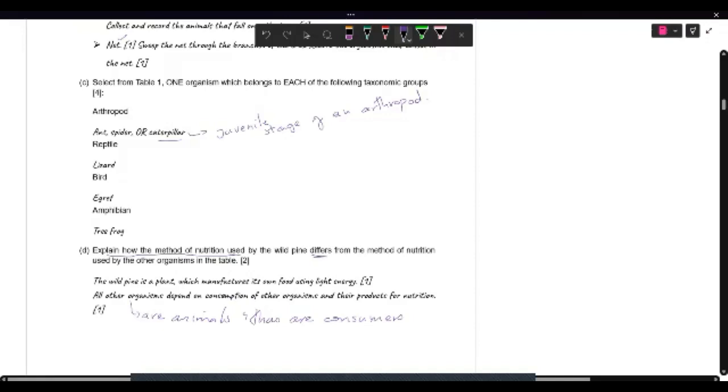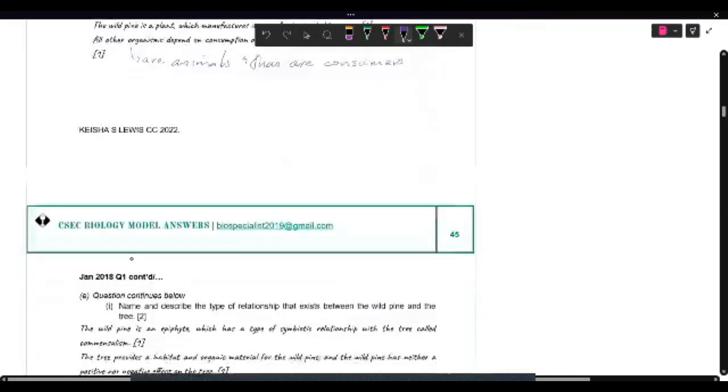And of course, being consumers, they consume other organisms and their products for their nutrition. And that's it. Now you can name it, but it wouldn't really take away or add anything to your overall mark.